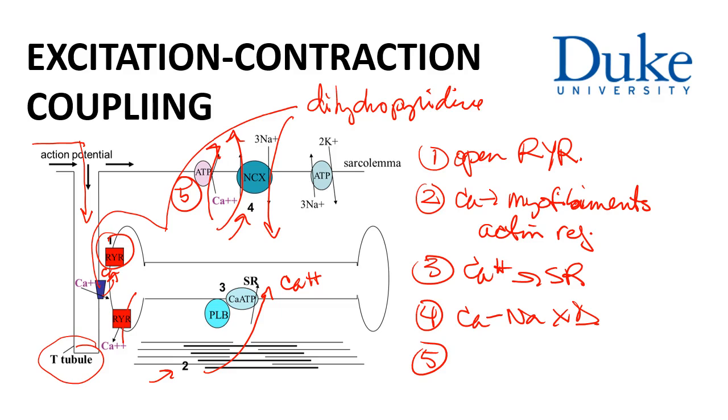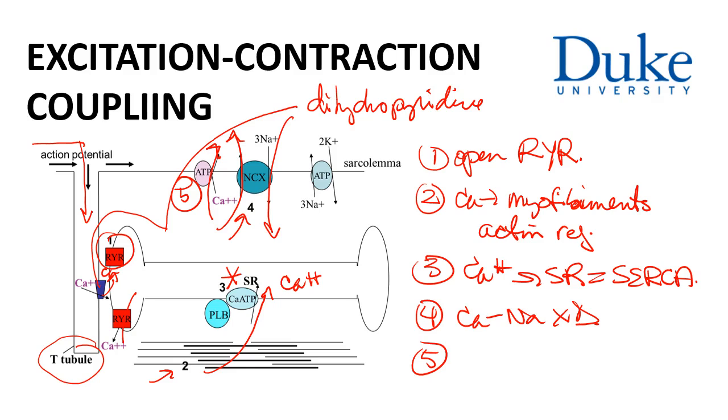Of these different ways of moving calcium out of the cytoplasm, the most important of these is the sarcoplasmic reticulum calcium ATPase. And this is sometimes referred to as SERCA. So it's a calcium ATPase which sits on the sarcoplasmic reticulum, or the SR. So when we have the presence of calcium within the cytoplasm, we will have myosin engaging with actin and we'll get contraction.